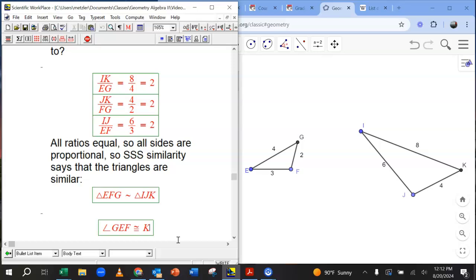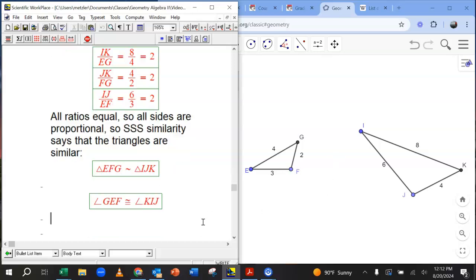G is the last letter here. E is the first one, that corresponds to I. And then F, that's the middle one, that's J. All right, so angle KIJ. And indeed, that's that smallish angle here, KIJ, that corresponds to GEF here, which looks like the smallest of those three angles.